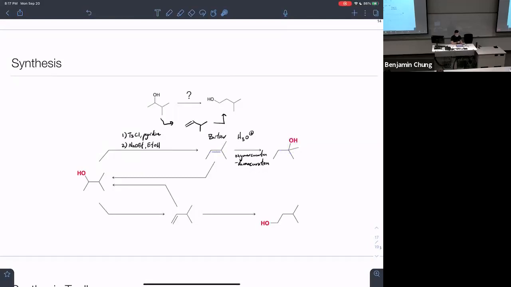And then you can practice in that sort of way. And then just for practice's sake, we can also generate the anti-Markovnikov alcohol from this alkene by using hydroboration, oxidation. So those are the conditions for that.